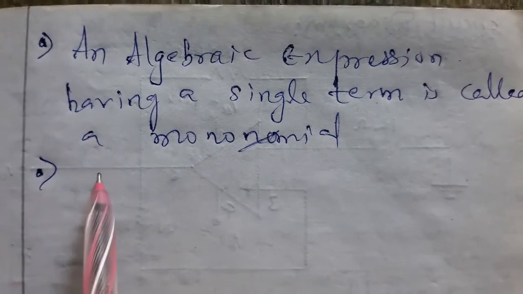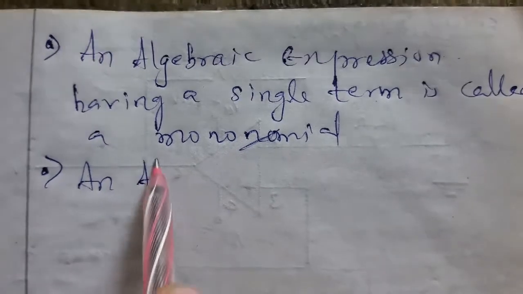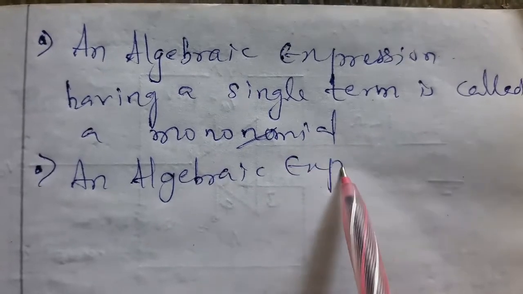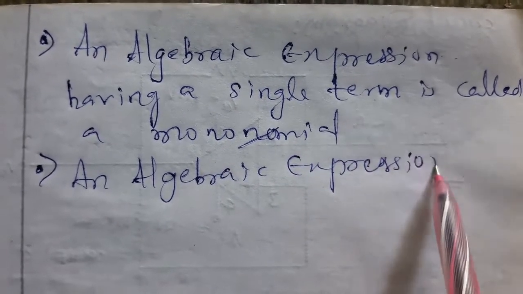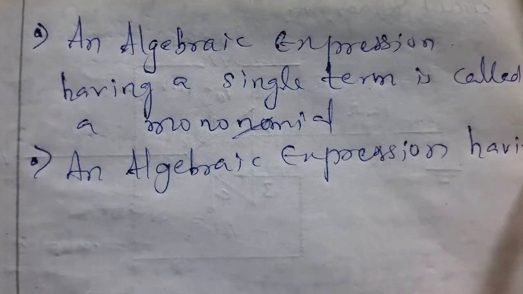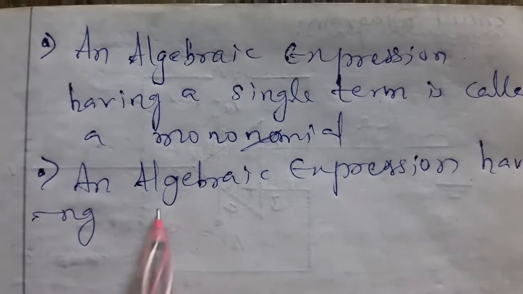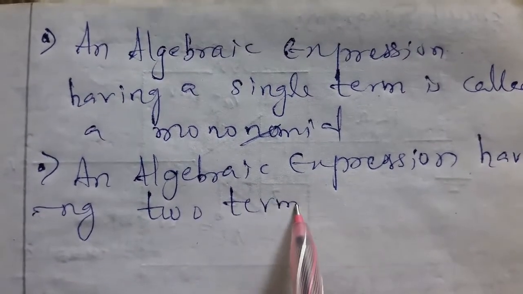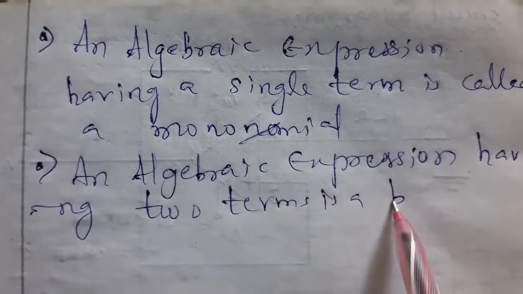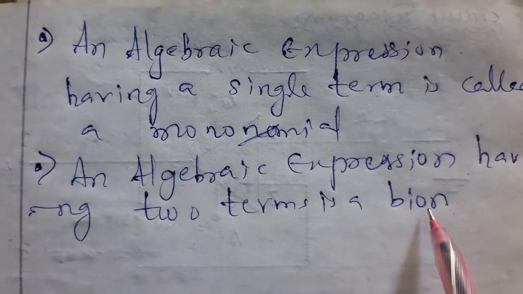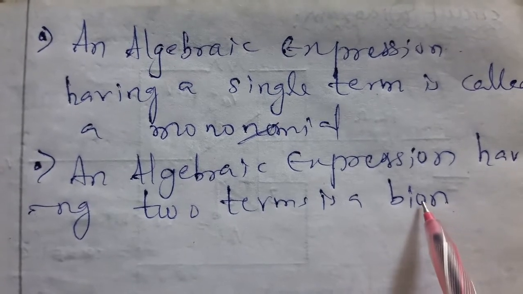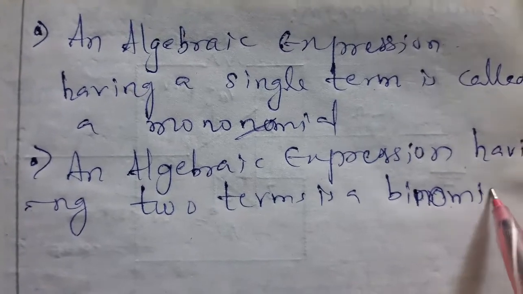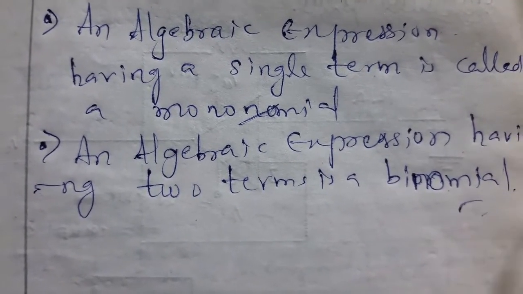Next, an algebraic expression having two terms is a binomial. Binomial.